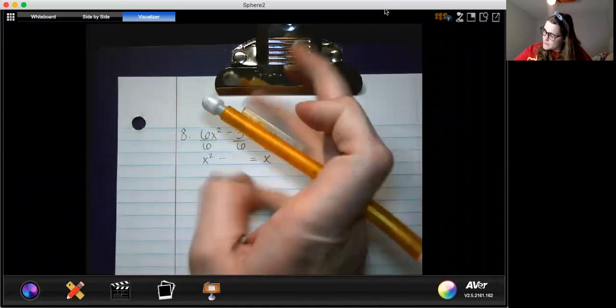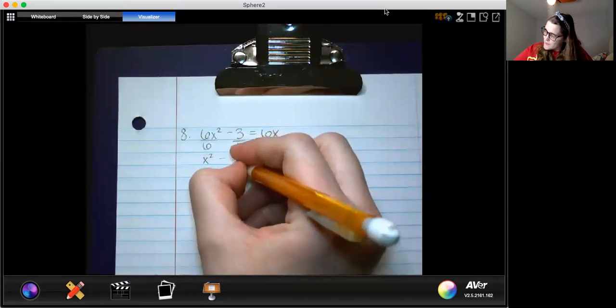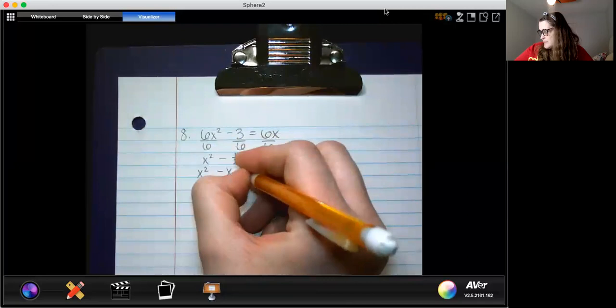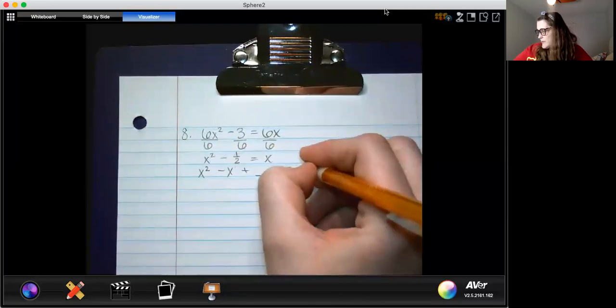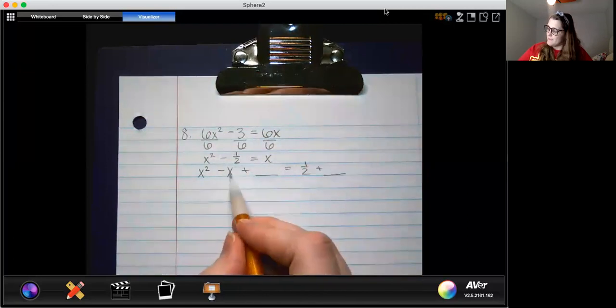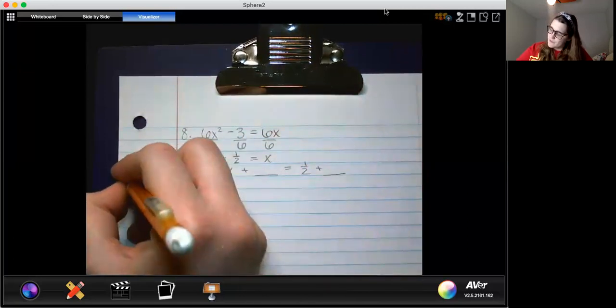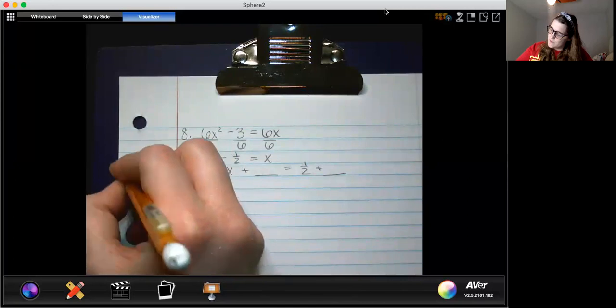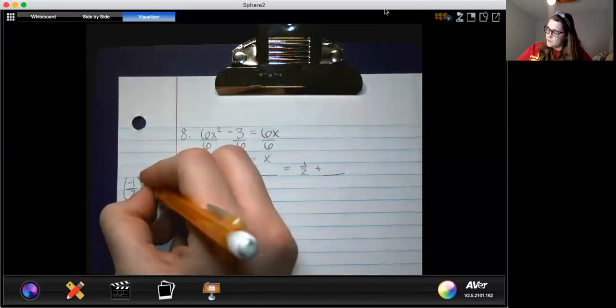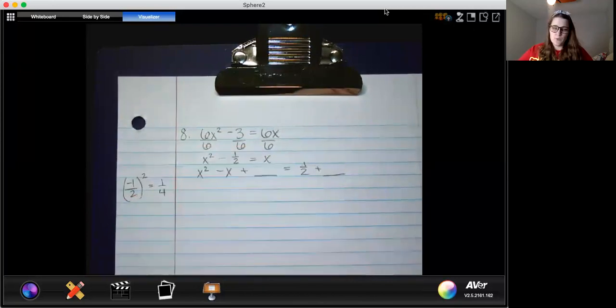Let's write this a little bit smaller. That's going to leave me with x squared minus x plus blank equals 1/2 plus blank. So I'm going to take b, which is -1 divided by 2, quantity squared, which is equal to positive 1/4.